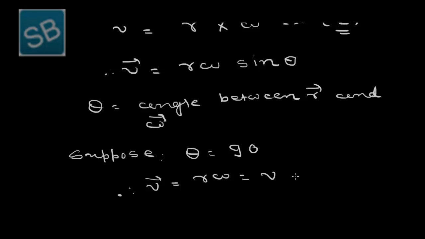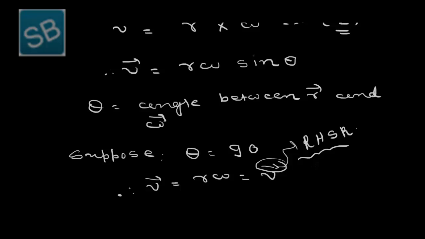So this way you can get only the magnitude of velocity, in which you will not get the direction, but the direction of this linear velocity you can provide by the right hand screw rule. So in physics, this is the importance that every question has its answer.